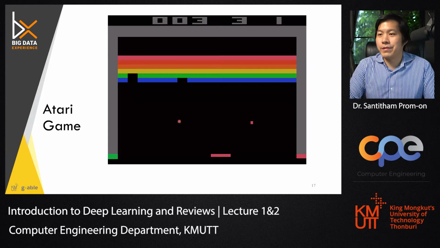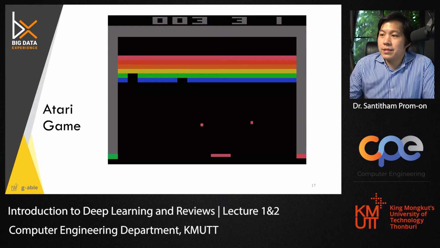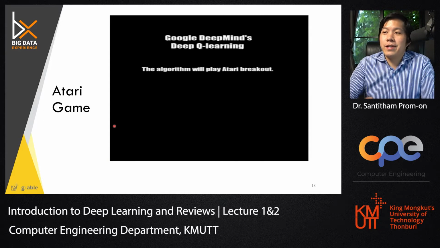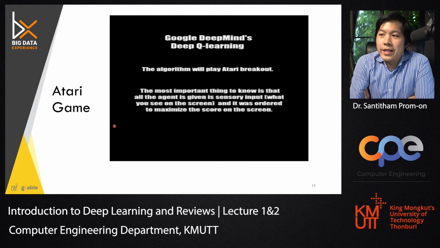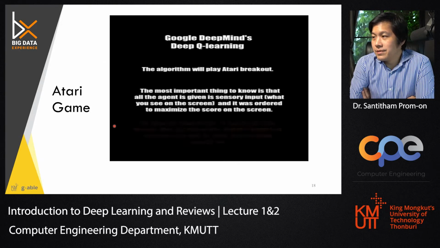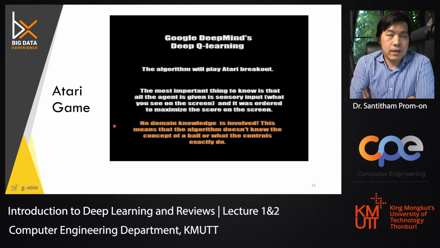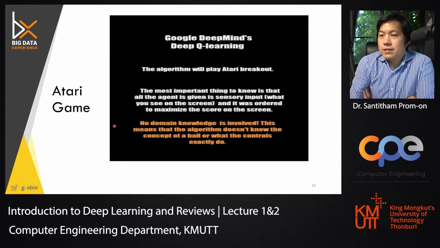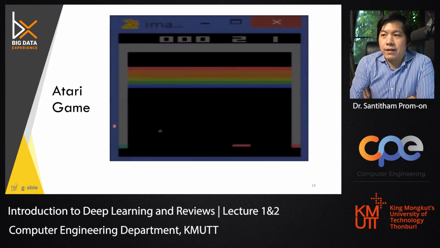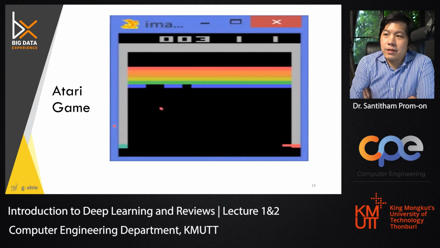Let's take a look at some examples here. This is an Atari game that uses deep Q learning to learn the action, whether it should go left or right and how much. Yeah, let's take a look at this. Okay, so these are the first 10 minutes of learning, and you can see that the bot still cannot control very well, so it missed a lot, right?